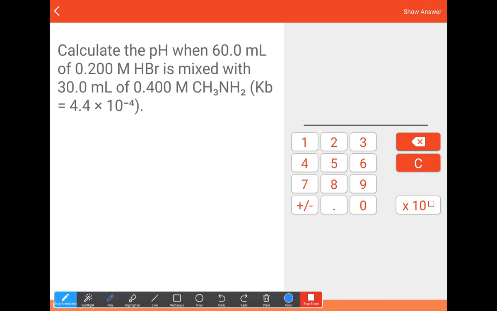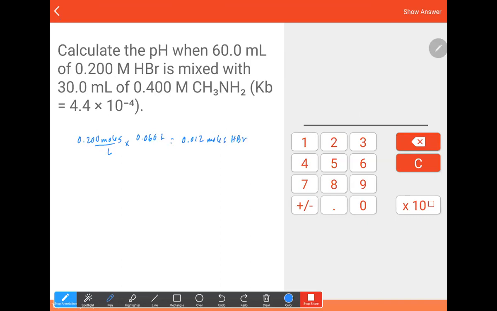So the first thing we need to do is figure out how many moles of strong acid and how many moles of weak base have been added. They're both 1-to-1. So let's take a look. For HBr, we have 0.200 moles per liter times 0.060 liters, so that would be 0.012.